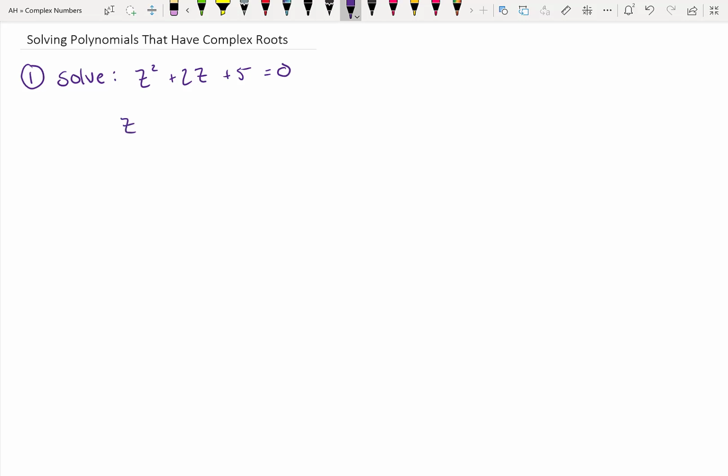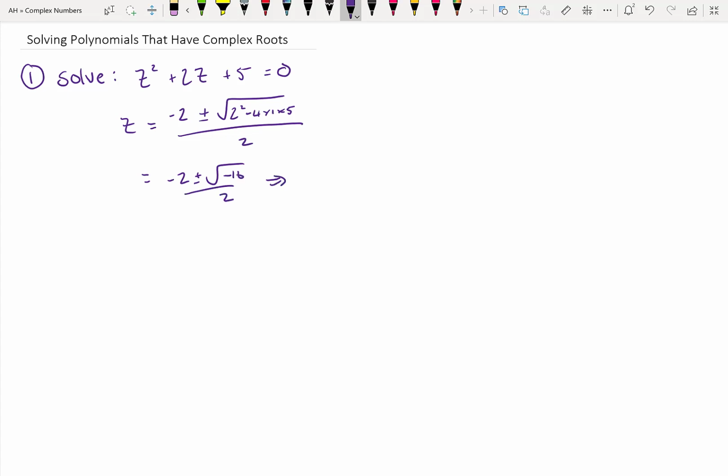So again, we used it as one of our examples at the start. We can chuck this into our quadratic formula. Minus 2 plus or minus the square root of 2 squared minus 4 times 1 times 5, all over 2. That's going to give me minus 2 plus or minus the square root of minus 16, over 2.